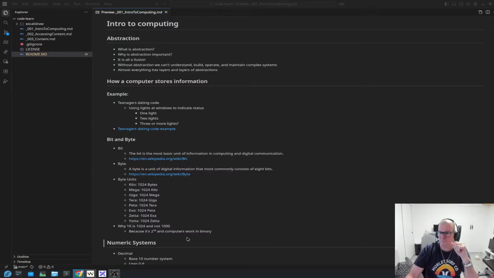Okay, so let's go. In the last class, we learned about abstraction. We had an example to try to lay the foundation to understand how a computer stores information or data.